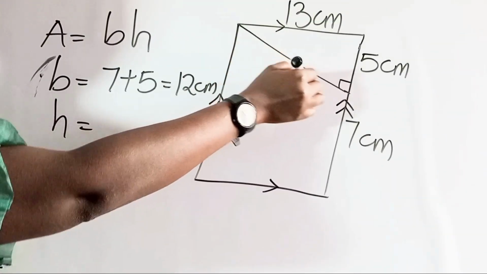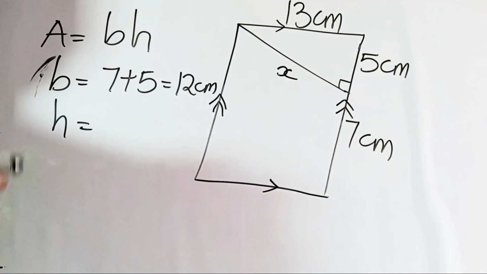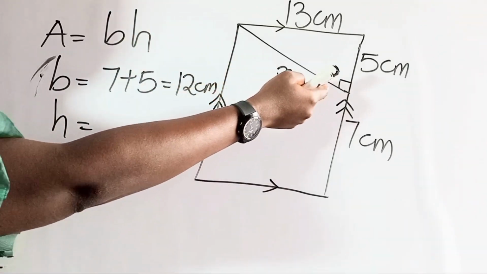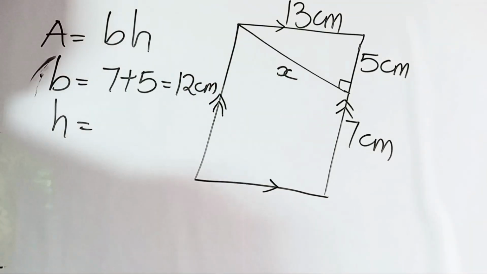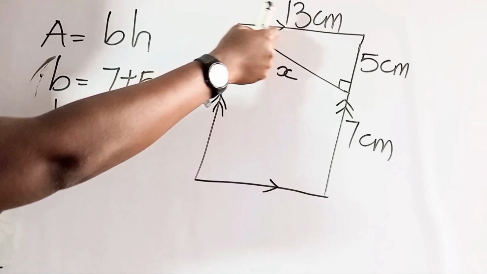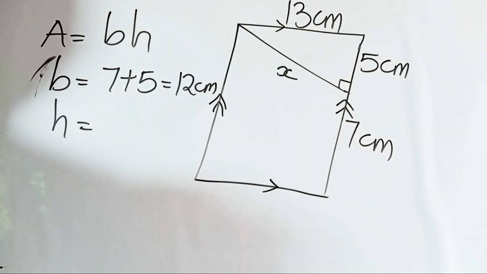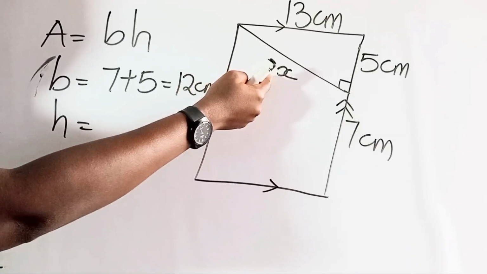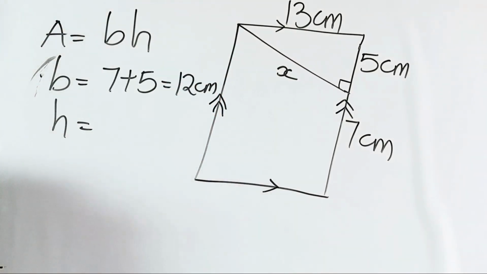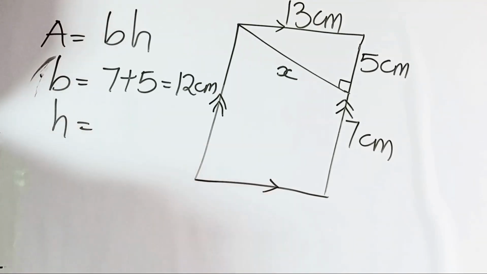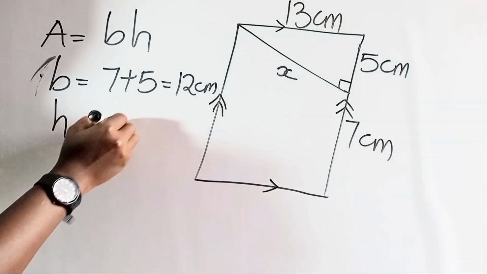Let's call it x. The height of the parallelogram must always be perpendicular to the base. Do not make the mistake of choosing this parallel side as the height. It is wrong. So now that the height is not given in this question, it's on us to find this length.